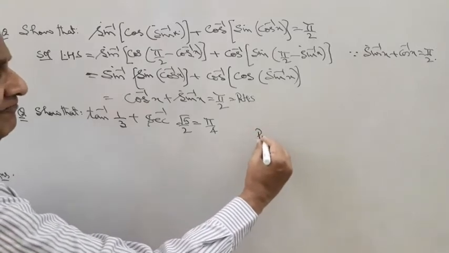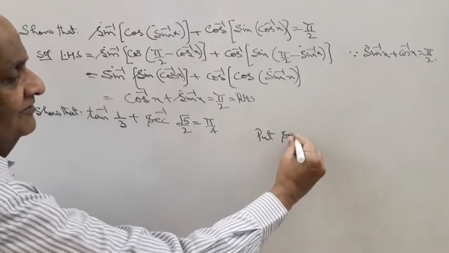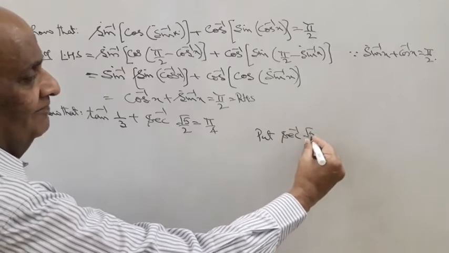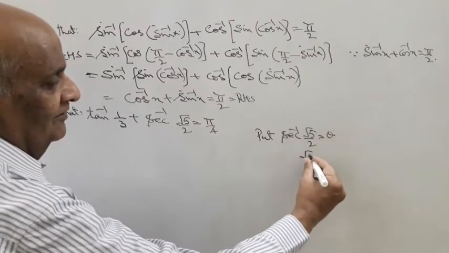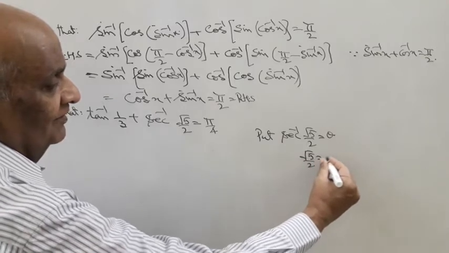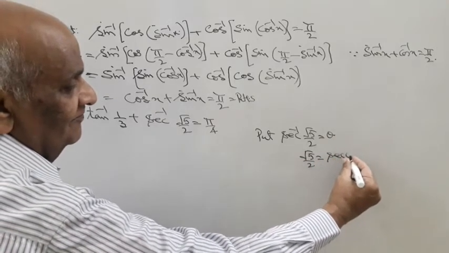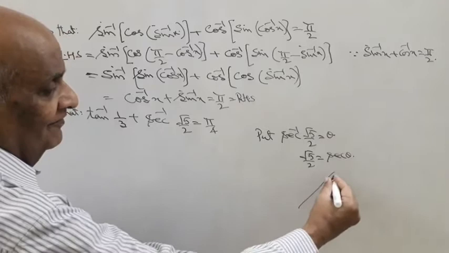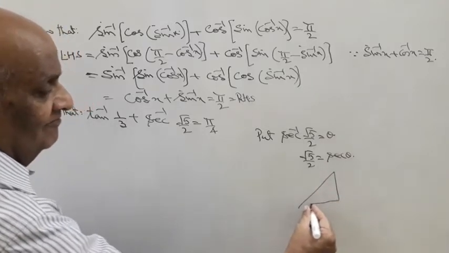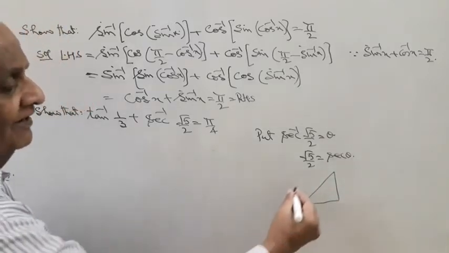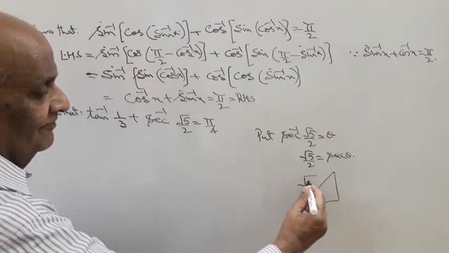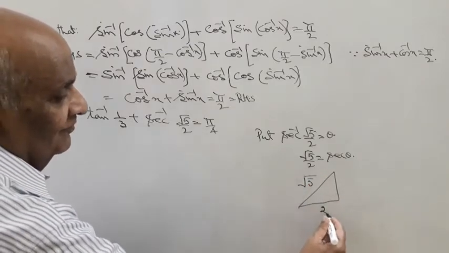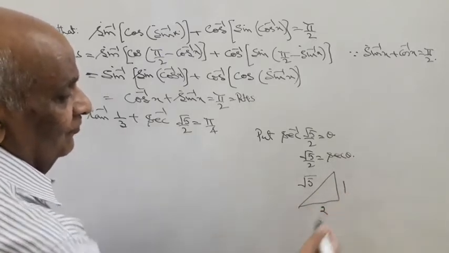Put here secant inverse √5/2 equal to θ. Therefore, √5/2 is equal to secant θ. And take help of a triangle once again. See, under root of 5, 2, this becomes here 5 minus 4, 1.